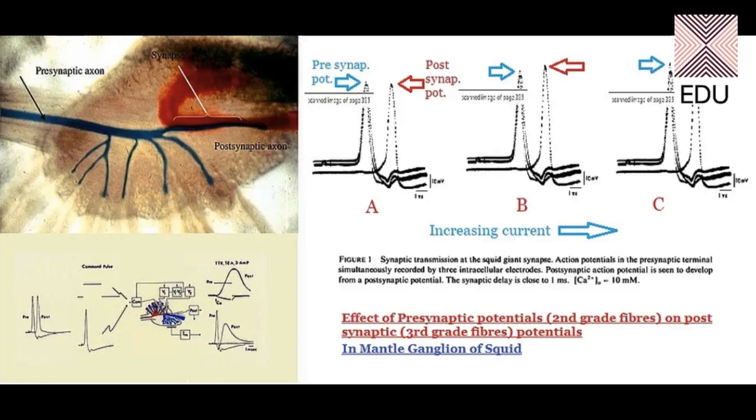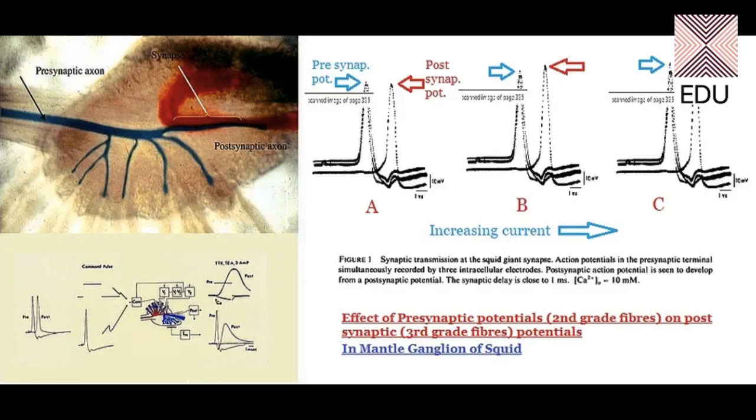Now on the right side you have got three graphs. Now these graphs are representing the presynaptic potentials and the postsynaptic potentials. Now when you give current in the blue presynaptic axon, some of the potential is traveling into the postsynaptic axon through the synapses.